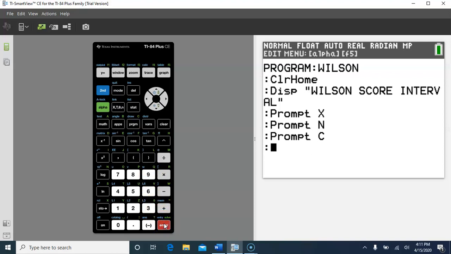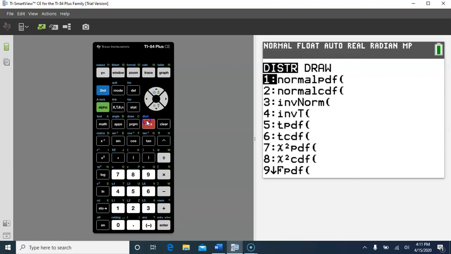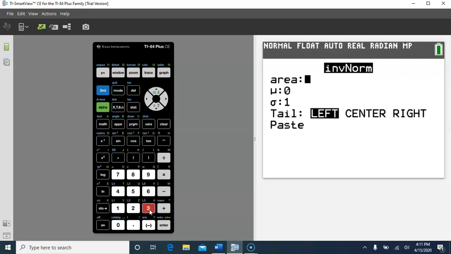And so the first thing we're going to have our program do with this information is we're going to figure out our value of Z star. So on the next line of our program, we're going to do second vars inverse norm, and the area that we want is the area 1 minus what they entered for C divided by 2.